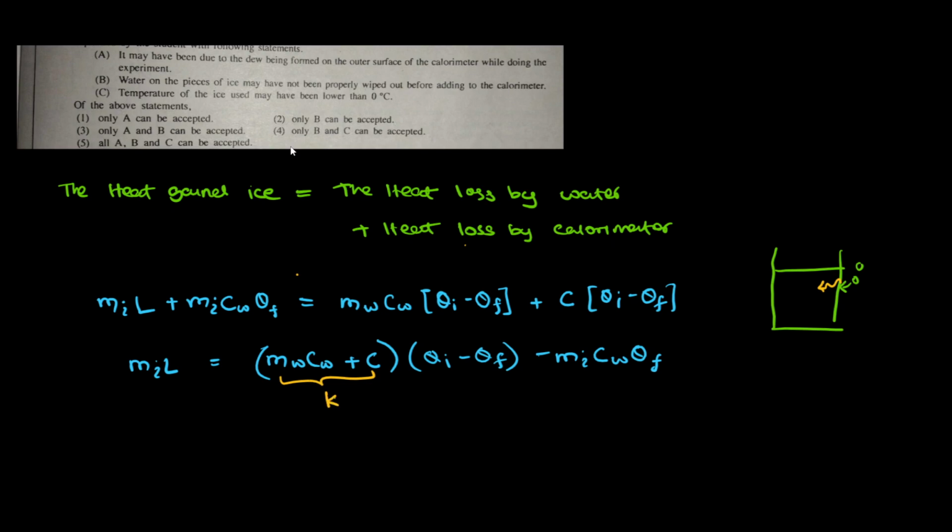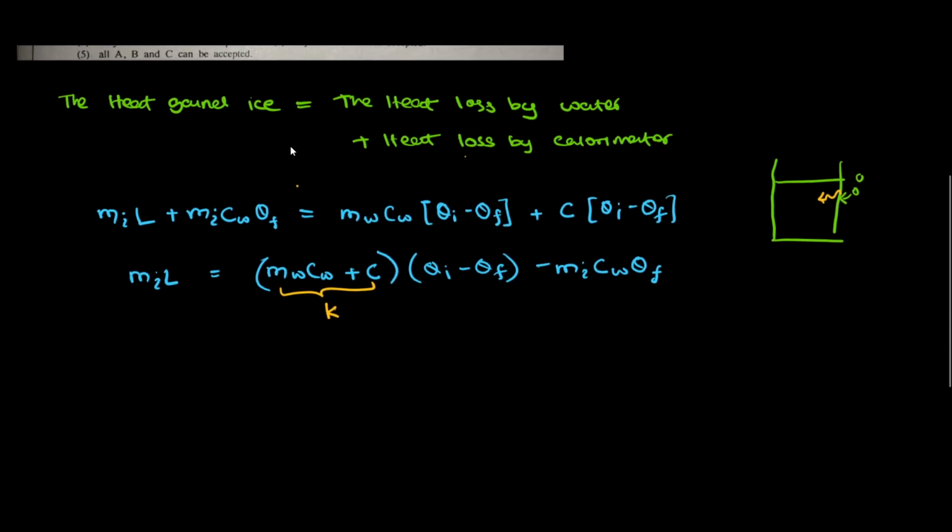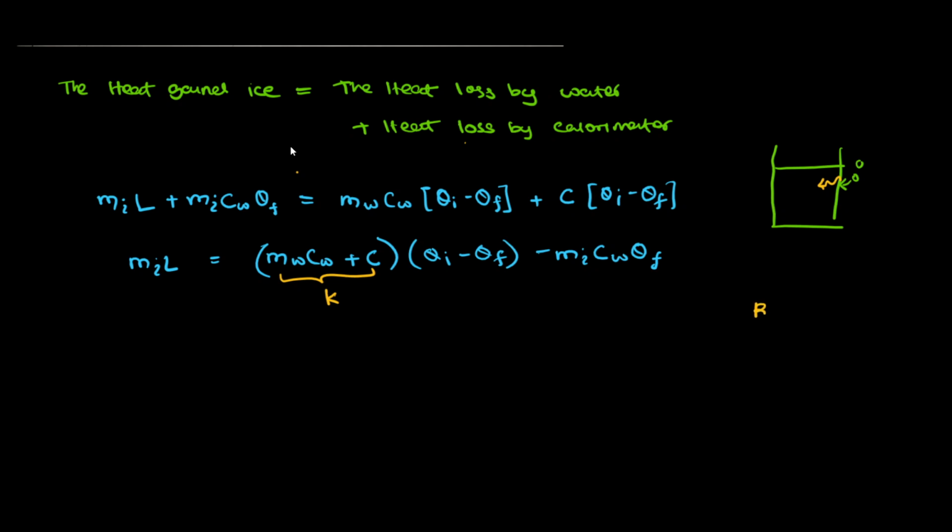Next, how about the initial temperature and the final temperature? Let's say our room temperature is 27 degrees C. Then we will start the experiment around 5 degrees above room temperature.